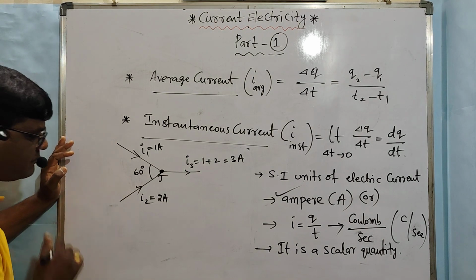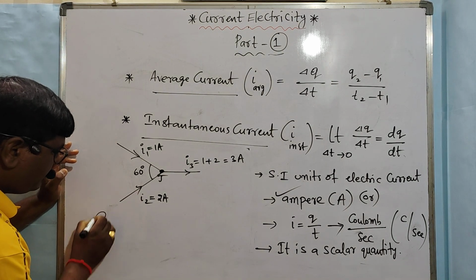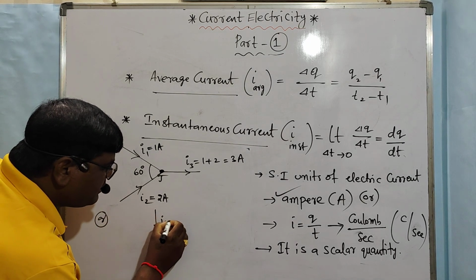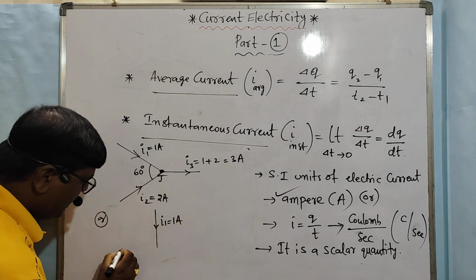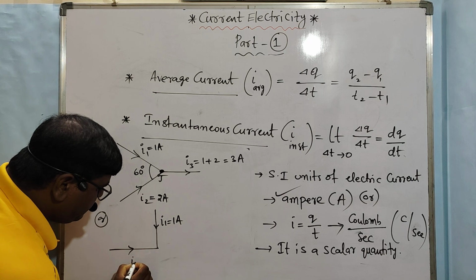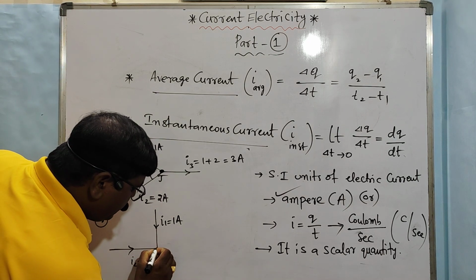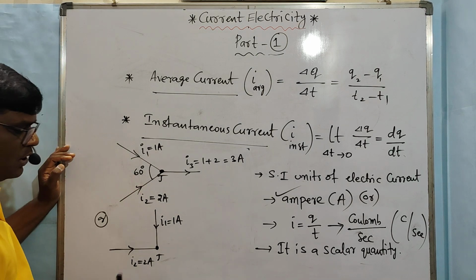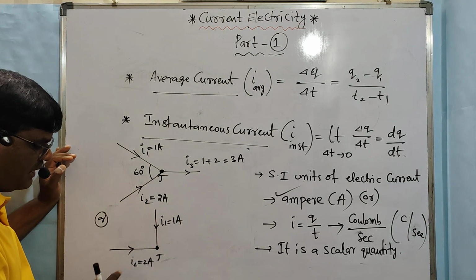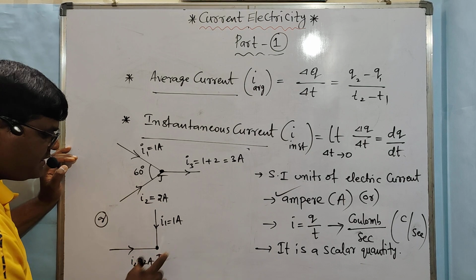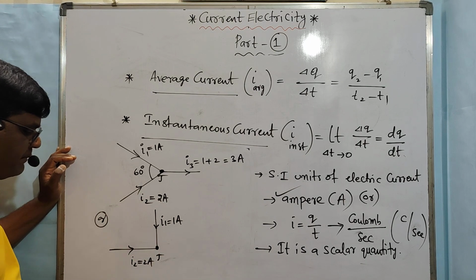For example, another way. Here the same currents, I1 is equal to 1 ampere and I2 is equal to 2 amperes, and this is the junction. Toward the junction I1 is coming, and toward the junction I2 is coming, same magnitudes I am taking, 1 ampere and 2 amperes.